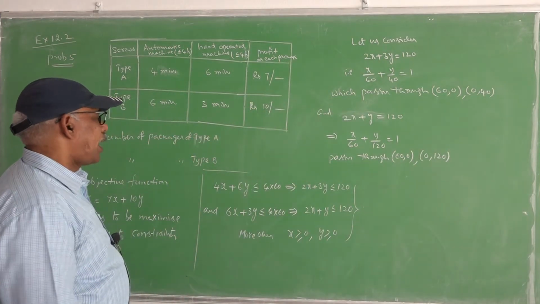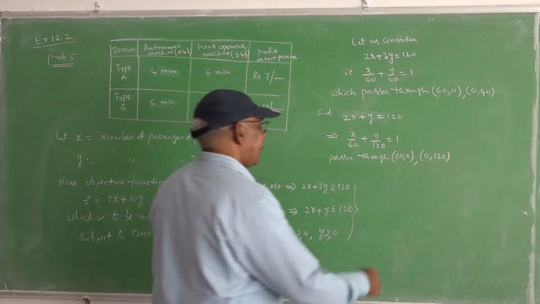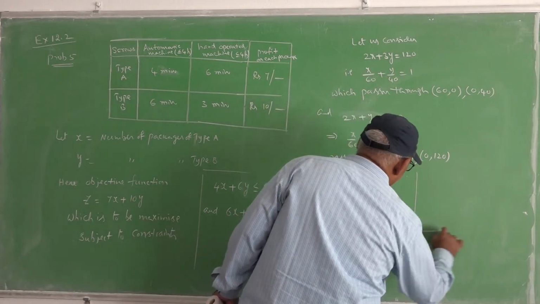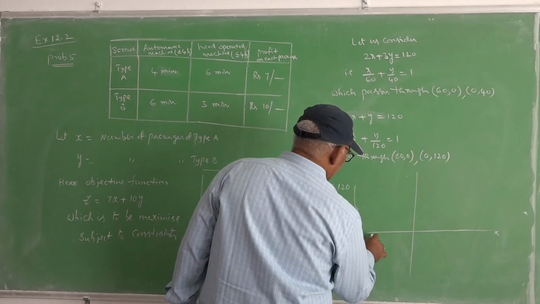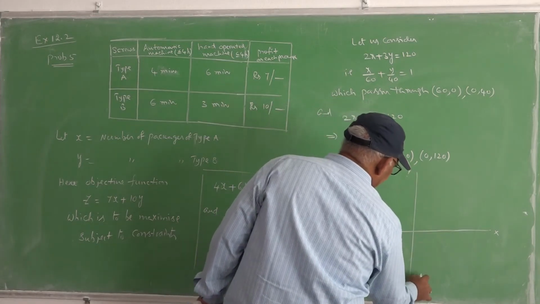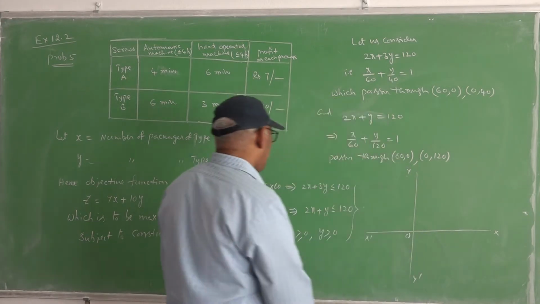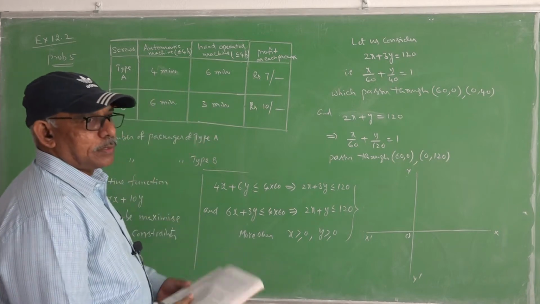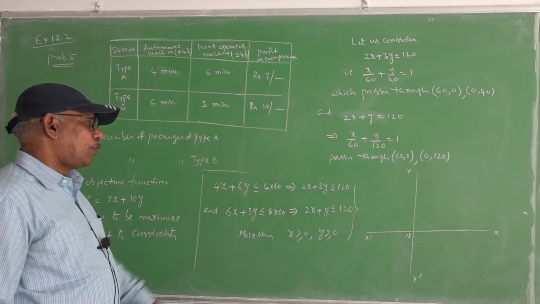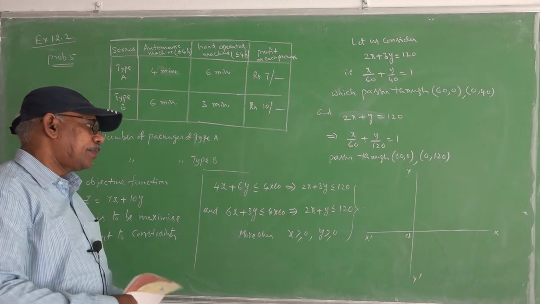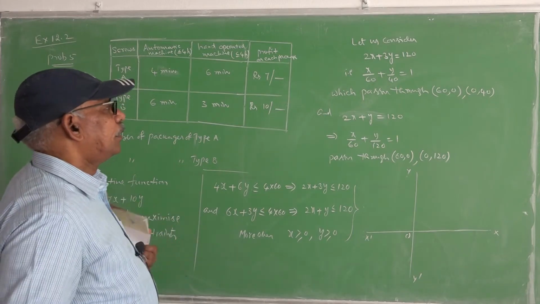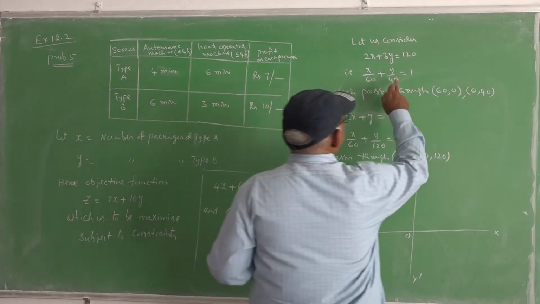Now let us find the feasible region of these constraints. The feasible region means the region which represents the solution set of all the inequalities. So for that, draw these lines.